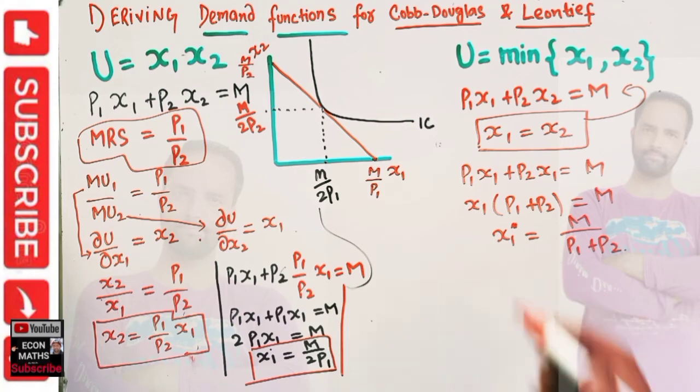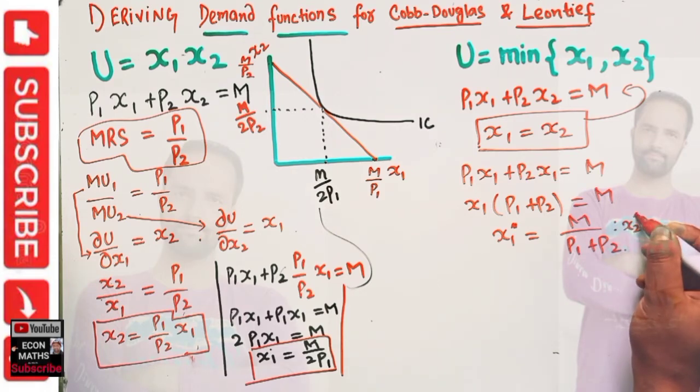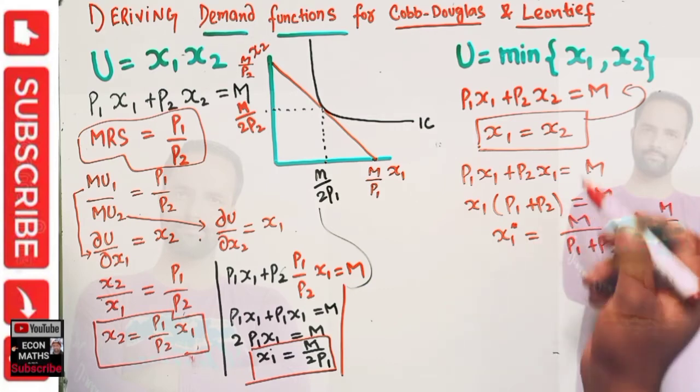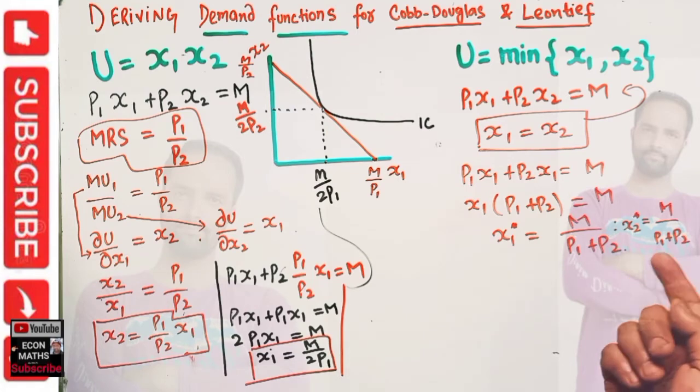Similarly, or symmetrically, you can calculate for x2. That will be the same, that means x2 will be equal to m upon p1 plus p2. Since x1 is equal to this, and we know x1 is equal to x2, x2 will also be this m upon p1 plus p2.